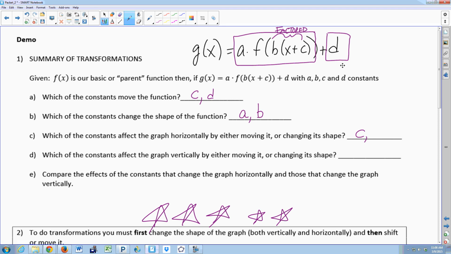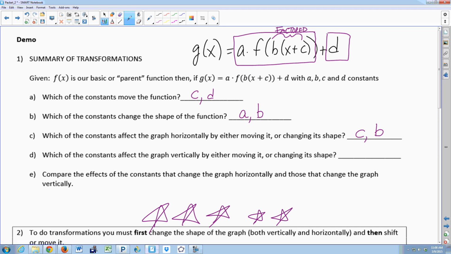D, that's a vertical because it's post-operation, so it's not going to change it horizontally. It's way outside of everything that's been calculated. A changes it vertically because it's outside the function. So we have to go inside our input. For horizontal, it's domain. So it's B, the only one left, right? B.